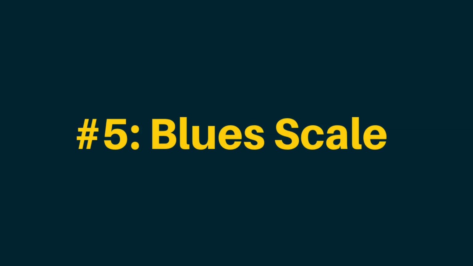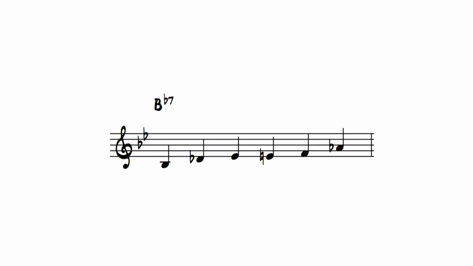So this isn't a new concept here, but it's an important one to know. Now, the next scale I'll talk about is the blues scale, which, to be honest with you, I don't really believe in, because the blues scale is really just a minor pentatonic scale with a sharp 4 in it. Now, of course, this is a great one and really popular one and fun one to get beginners into because it has that, we call it the blue note.